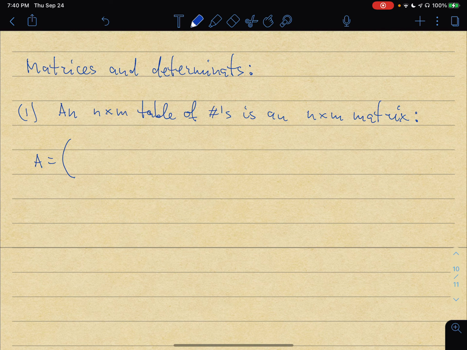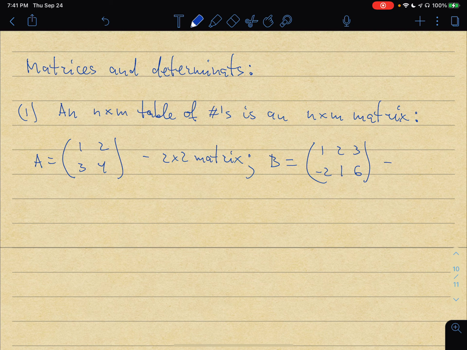So for example, if I have A equal to 1, 2, 3, 4, this table has 2 rows, 2 columns, so that is a 2 by 2 matrix. If I have B equal to 1, 2, 3, minus 2, 1, 6, then that is 2 rows, 3 columns, a 2 by 3 matrix.